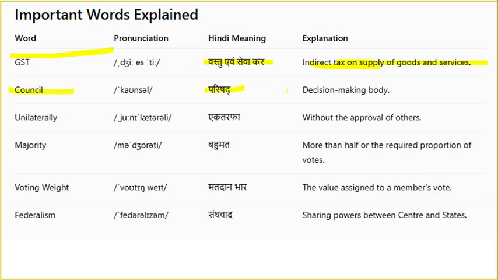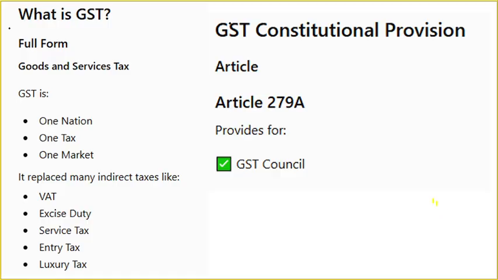Council परिषद, decision making body. Unilaterally मतलब एक तरफा, without the approval of others. Majority बहुमत, more than half of the required proportion of votes. Voting weight मतदान भार, the value assigned to a member's vote. Federalism संघवाद, sharing powers between center and states.